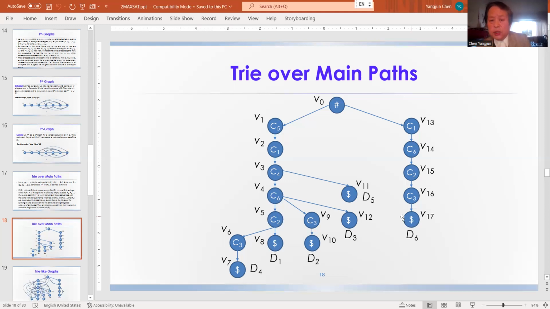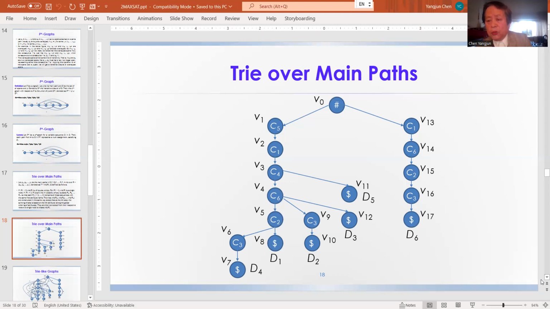For example, this path is just the main path of the P star graph constructed for the first conjunction. And this path is another main path in the P star graph constructed for the conjunction D4. And this path is just the main path in the P star graph constructed for the conjunction D6.